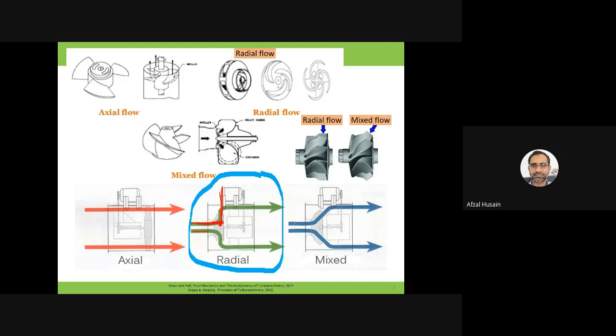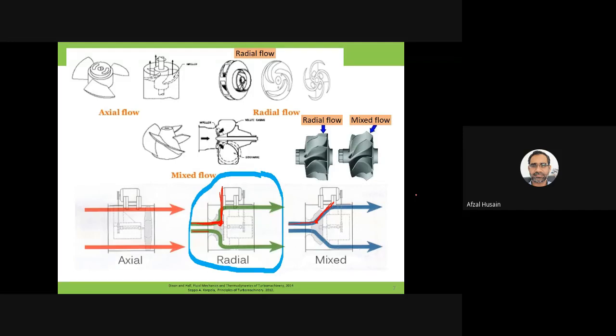Now in this part, here the fluid is entering and it is reaching the innermost part. And here it is striking the blade, but not in the radial direction. It's striking the impeller at a certain angle and leaving out at a certain angle. So there is a centrifugal action involved in this also, isn't it?